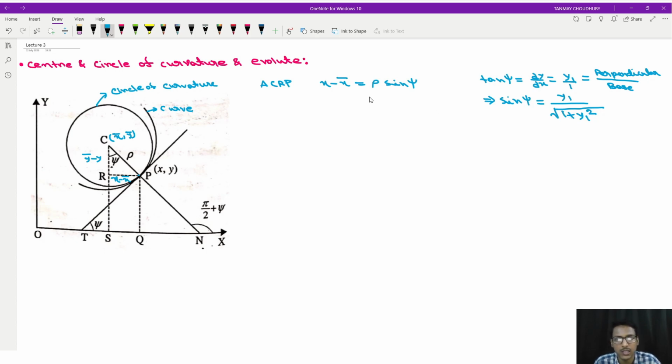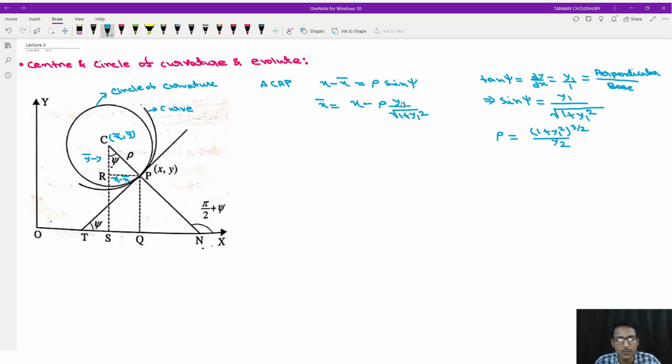If we substitute it here, we observe that x bar is x minus rho y dash divided by root over 1 plus y dash square. But we know that in Cartesian coordinates the radius of curvature rho is 1 plus y dash square whole to the power 3 by 2 divided by y2.